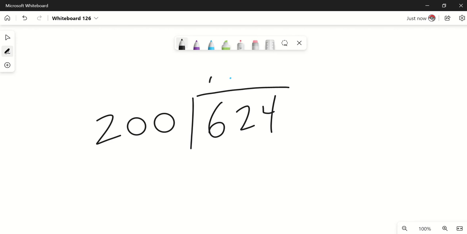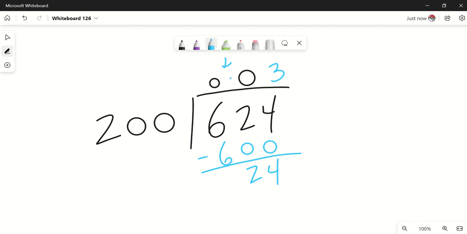200 will not go into 6. 200 will not go into 62. 200 I know will go into 624 3 times, which will equal 600. Subtract, I only have 24. Now, I can have all the zeros I want because a decimal already exists in my answer. I'll bring down a 0. 200 goes into 240 once, which will be 200.